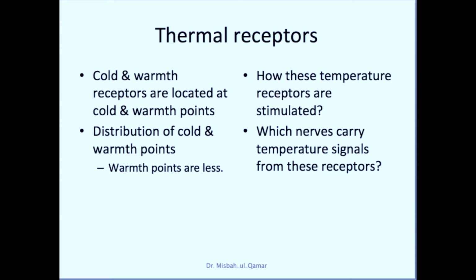As far as distribution is concerned, in most areas of the body, there are 3 to 10 times as many cold receptors as warmth receptors, and the number in different areas of the body varies from 15 to 25 cold points per square centimeter in the lips to 3 to 5 in the fingers, while less than 1 cold point per square centimeter in some broad surface areas of the trunk.